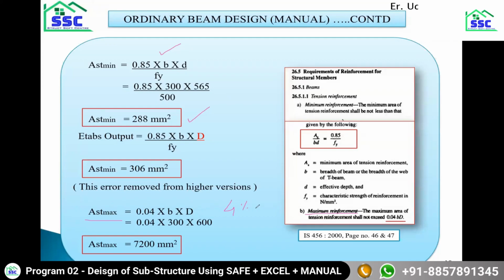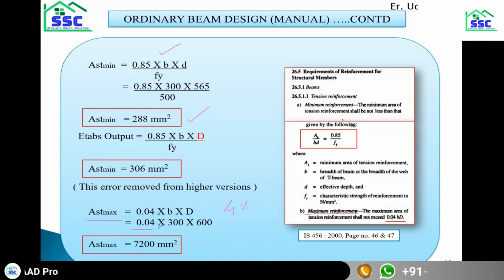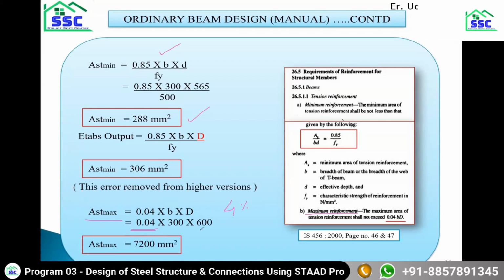Please pardon my handwriting. So the maximum percentage of steel that we can put in our beam is 4%. If you calculate the AST based upon it, it is 7200 mm square.